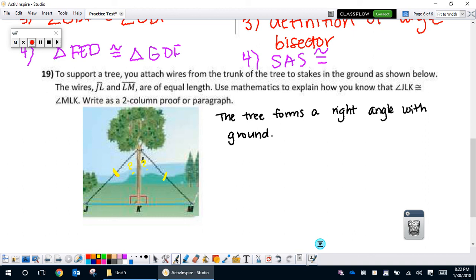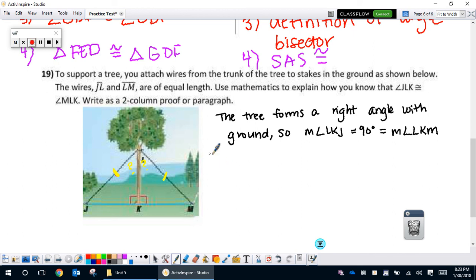The tree forms a right angle with the ground, so the measure of angle LKJ equals 90 degrees, and so does LKM. So we can say that, because the tree is going to be perpendicular to the ground. So we know that those were the 90-degree angles.